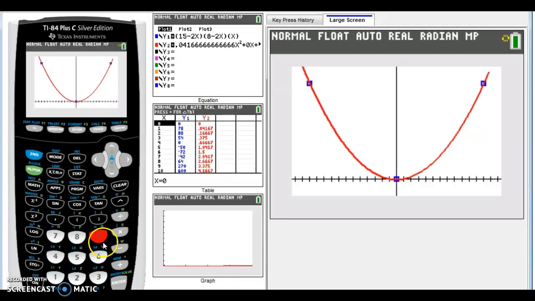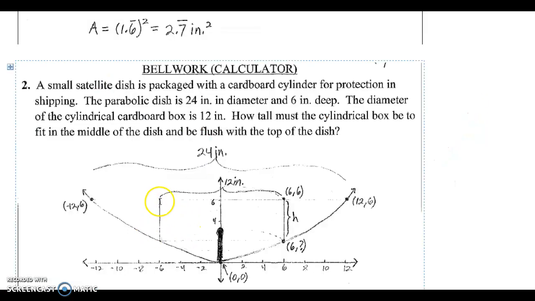So the question is asking us how tall the box needs to be. As long as we know that this is a 12-inch diameter, then I need to go halfway to get to one of the heights of the box. So all I really need to know is the height of my parabola right here, because once I have that, I can just subtract it from the height up here of 6.